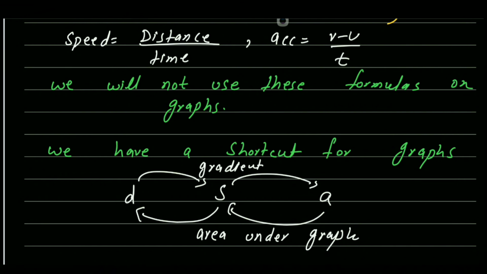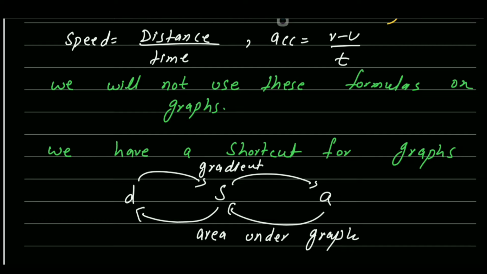And if acceleration is given and we have to find speed, we go backward, so we find area under graph. And from a speed graph, to find distance, we go backward, so we find area under graph. So this is the way you will use this shortcut.